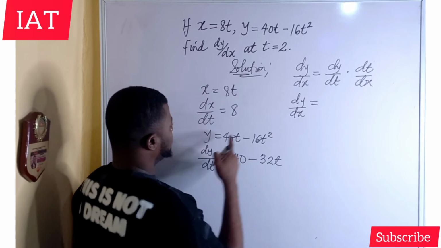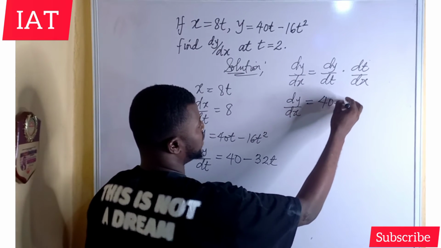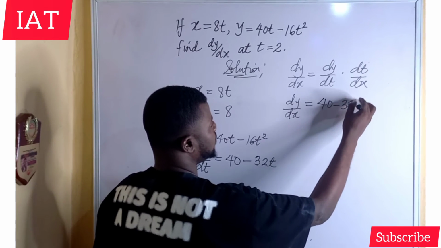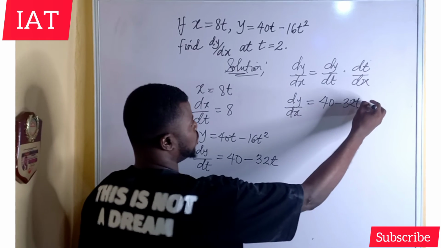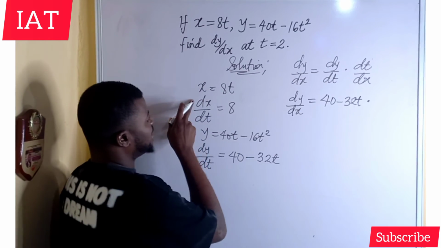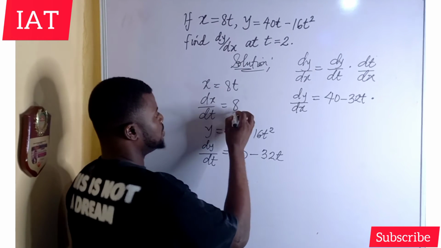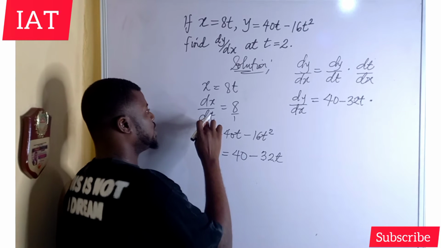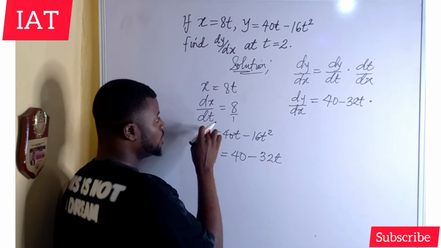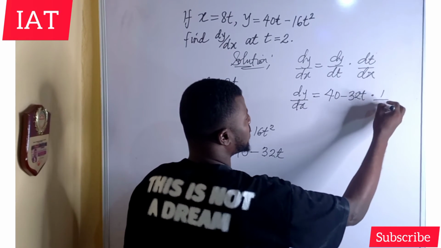So what is dy over dt? dy over dt is 40 minus 32t. All right, dot, what is dt over dx? Here we're having dx over dt, not dt over dx. So if we turn this over, dx over dt is 8 over 1, which means dt over dx is 1 over 8.